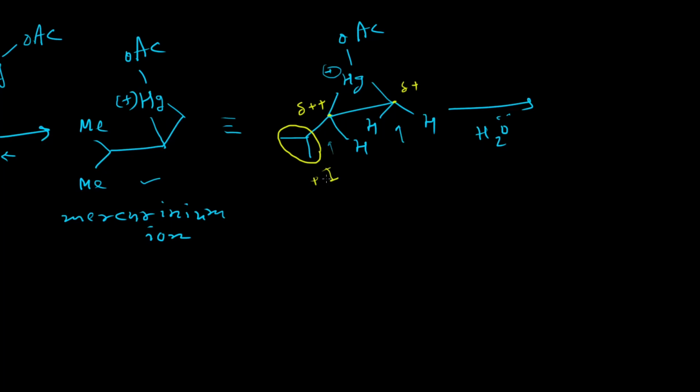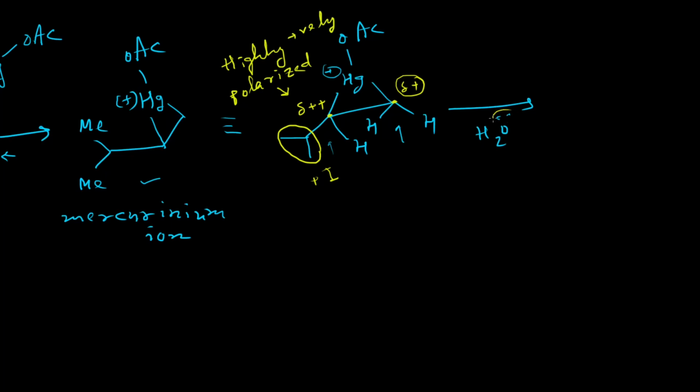So it will assist the accumulation of more positive character over this carbon atom. Whereas in the case of this carbon, there are no such effects which can support the accumulation of more positive character. So eventually, this carbon will be highly positively polarized.